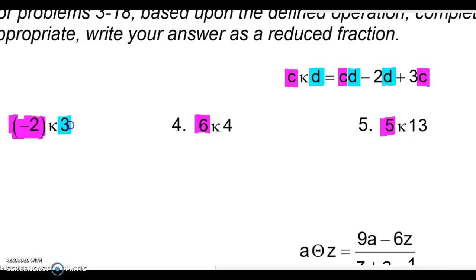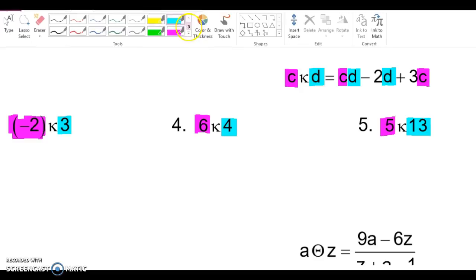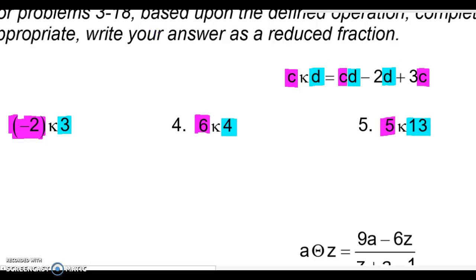And then we have D values, the number after K. So my next step is to set up my expression using those numbers, and then to simplify it. So we use purple here for the c. According to this, I'm going to start off with -2, and then times d, which is 3, and then -2.